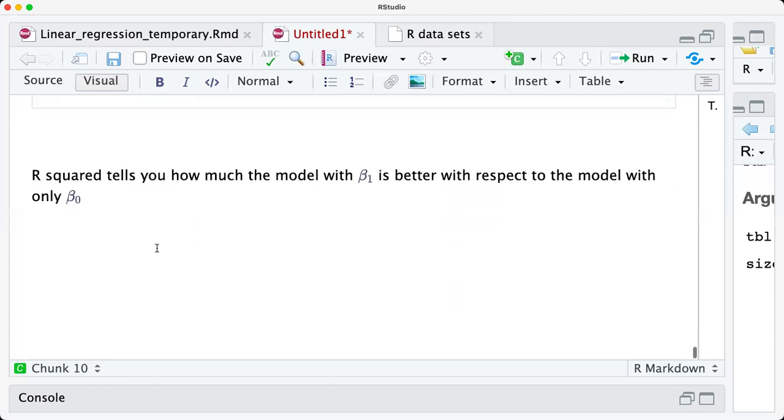maybe it's better to find a good notation for this, but let's call R the residuals of model 2 with only beta 0. So we do this division.